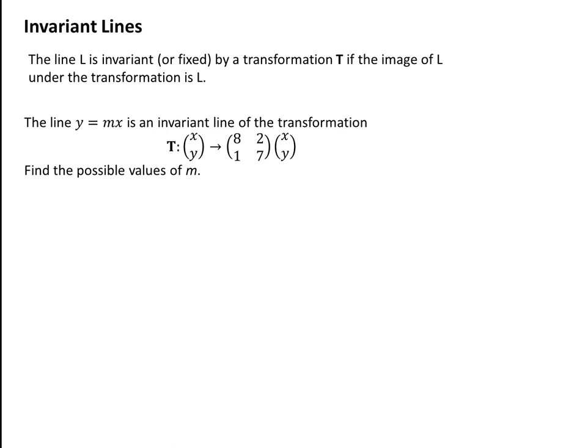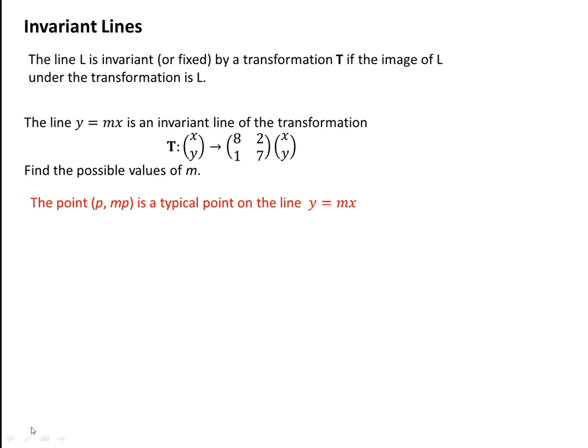So if we have a line whose equation is y equals mx, then a typical point on that line will have coordinates of the form p, mp.